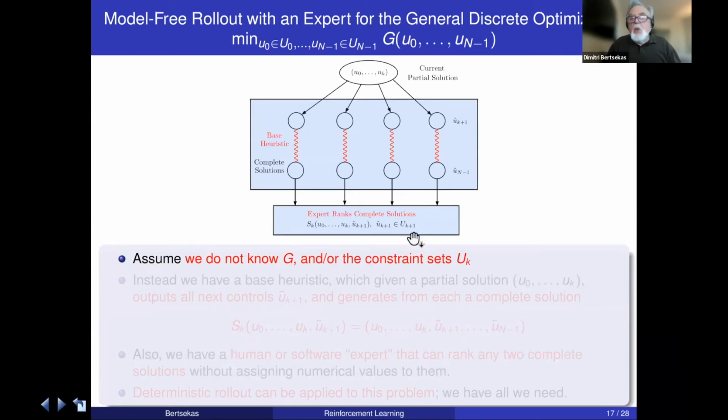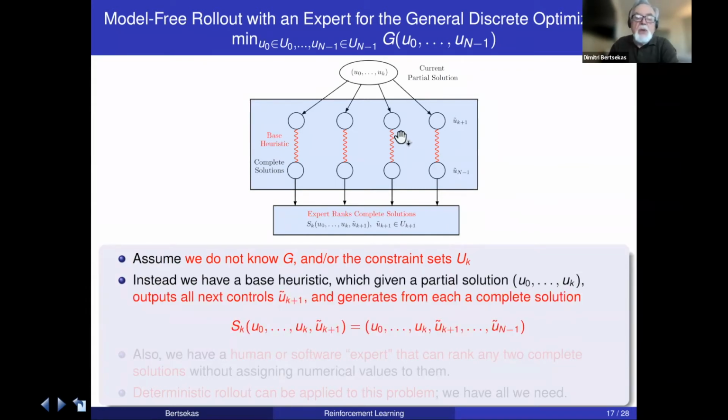Then the expert will give us the branch that's best. And then we select that branch and go to the next node and do the same thing. Run the computer version of the base heuristic, then run the expert to rank the solutions, and so on.